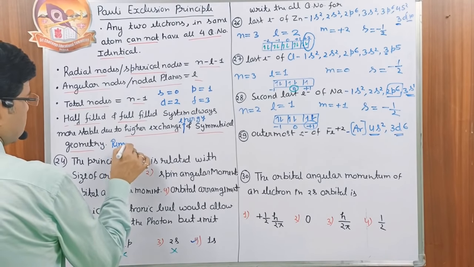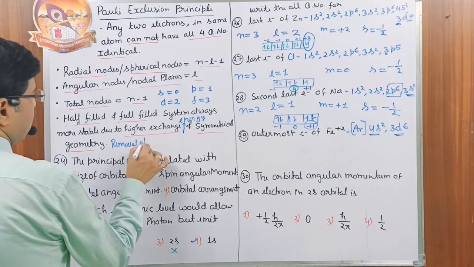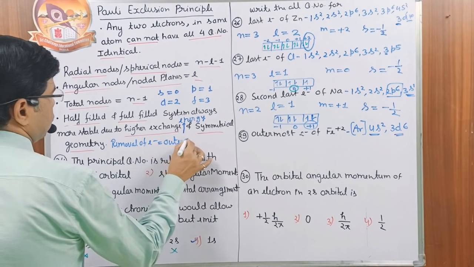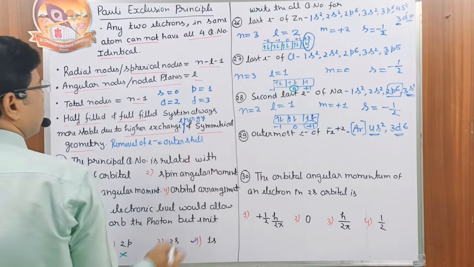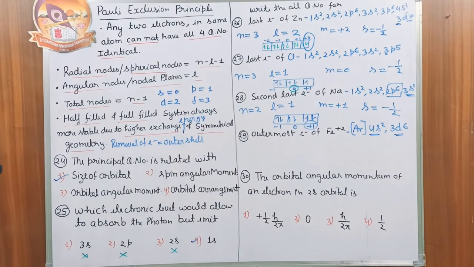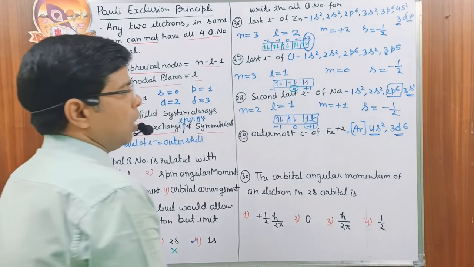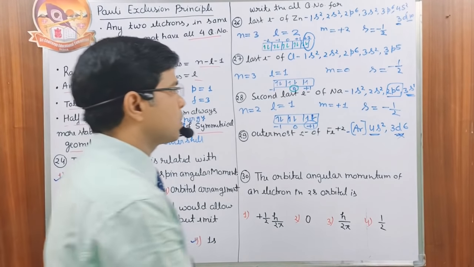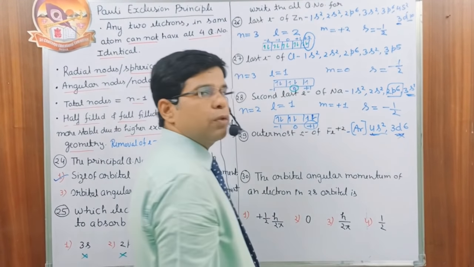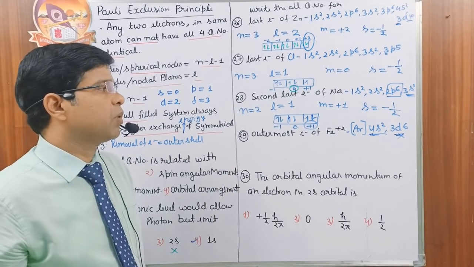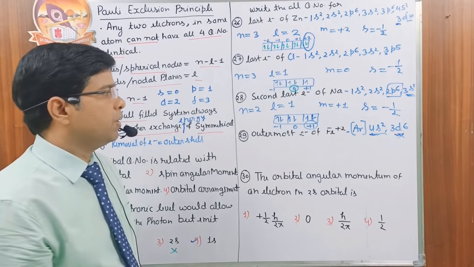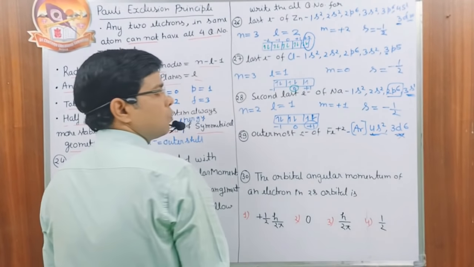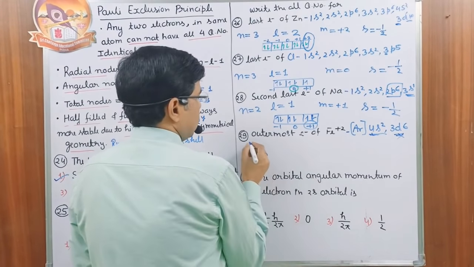Removal of electrons always occurs from the outer shell, the outer orbital. The outer orbital is not the 3d, the outer orbital is the 4s. So whenever we want to remove electrons, we have to remove them from the 4s, not from the 3d.